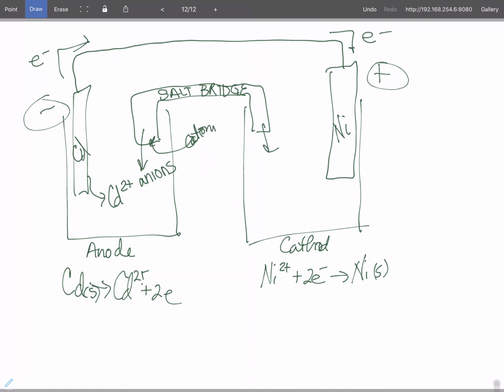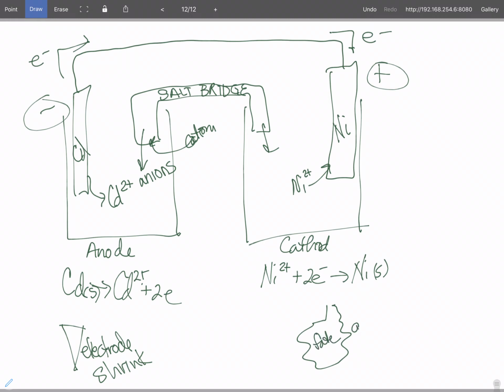On the other side, we've got the nickel 2 plus going to the nickel metal. So actually, with time, the electrode here is going to shrink. And on the other side, your nickel electrode is going to get kind of all fat as it adds metal.